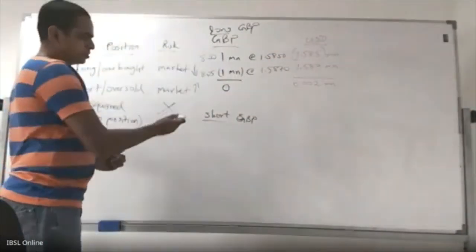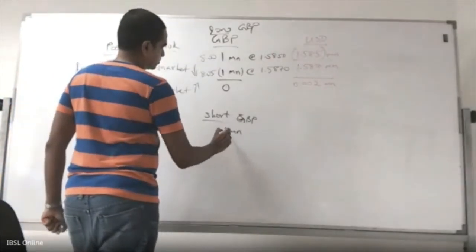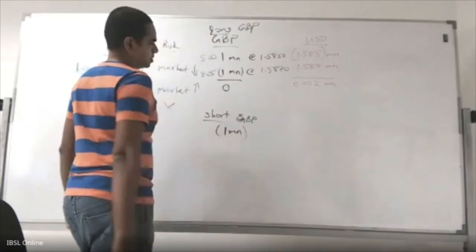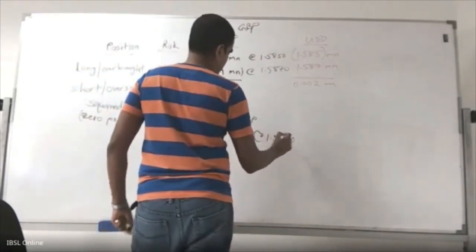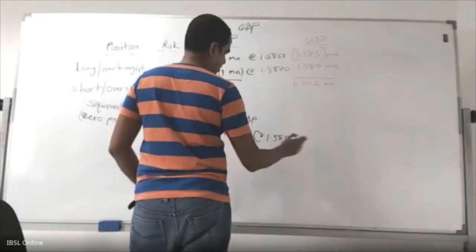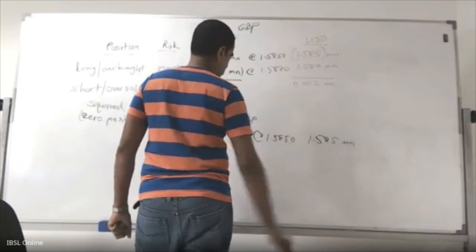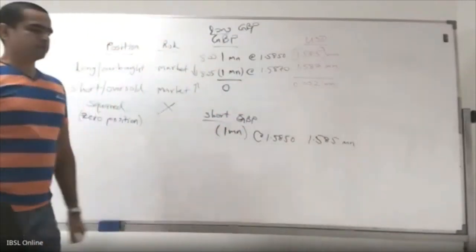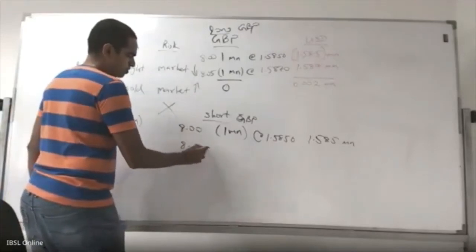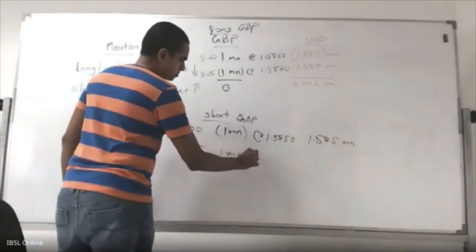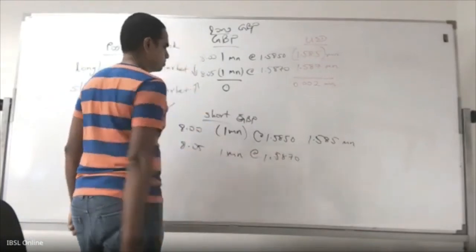Okay. So if you are short selling sterling, you will be short of 1 million sterling at 158.50. Short 1 million sterling means dollars you are long, $1.585 million you are long. This is at 8 o'clock. Then 8:05, you buy back 1 million sterling at 158.70.